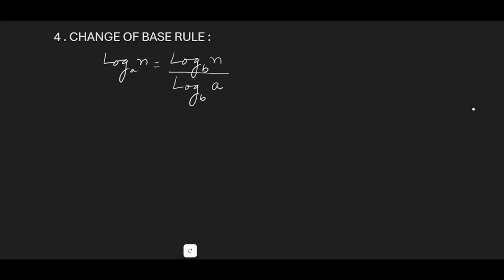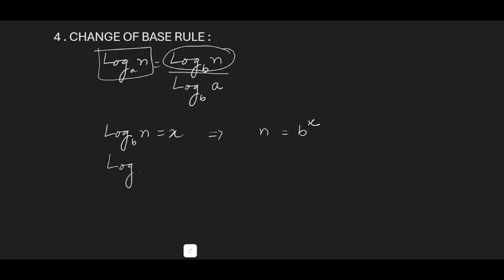ठीक है, first of all let me take log base b of n equals x. इस वाले पॉइंट से हम स्टार्ट लेंगे. इसको हमने किसके इक्वल ले लिया है? x के इक्वल ले लिया है. ओके, एंड आई विल राइट इट इन एक्सपोनेंशियल फॉर्म as n is equal to b to the power x. Now we will take this left hand side as log a n.